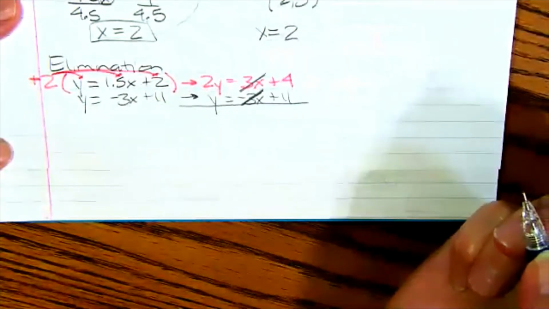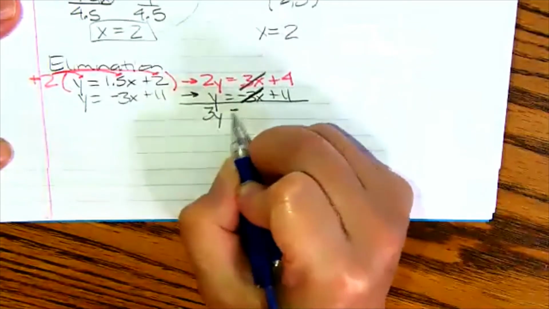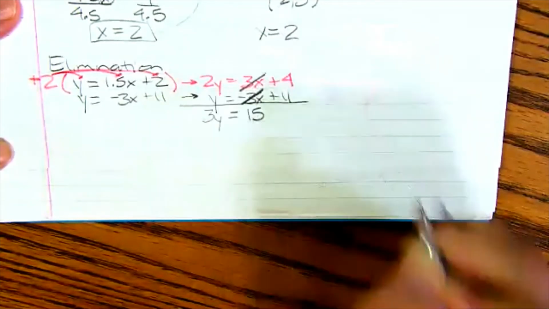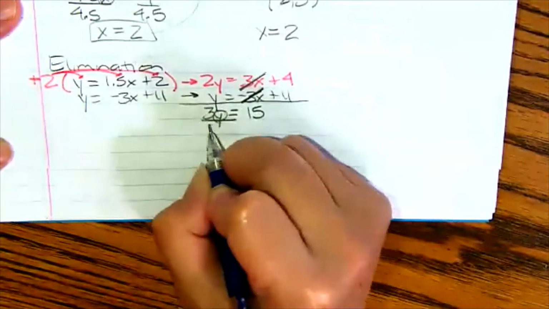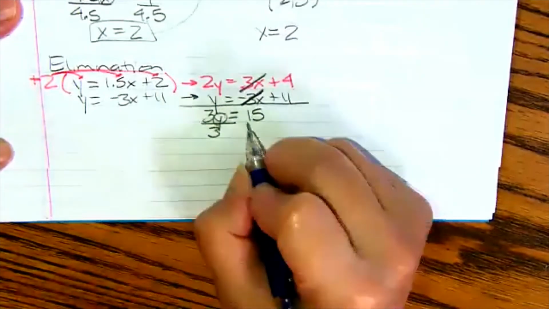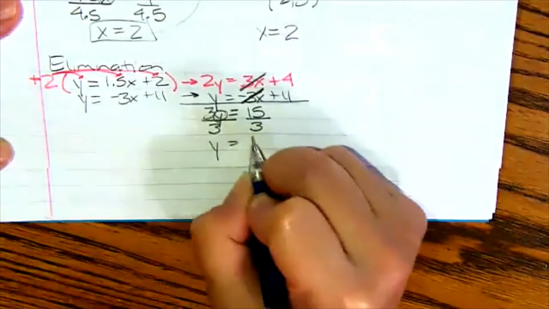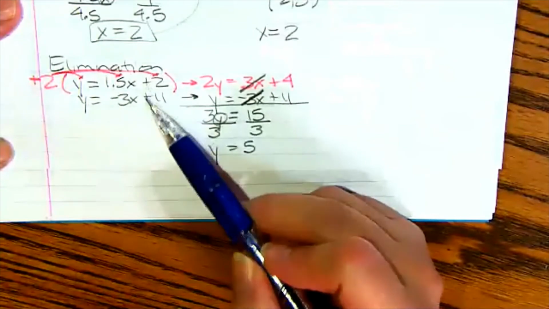They are eliminated. So 2y plus y is 3y equals, these guys have been eliminated, 15. I want to isolate my variable, so I'm going to divide by 3. What I do to one side, I must do to the other. So y equals 5.